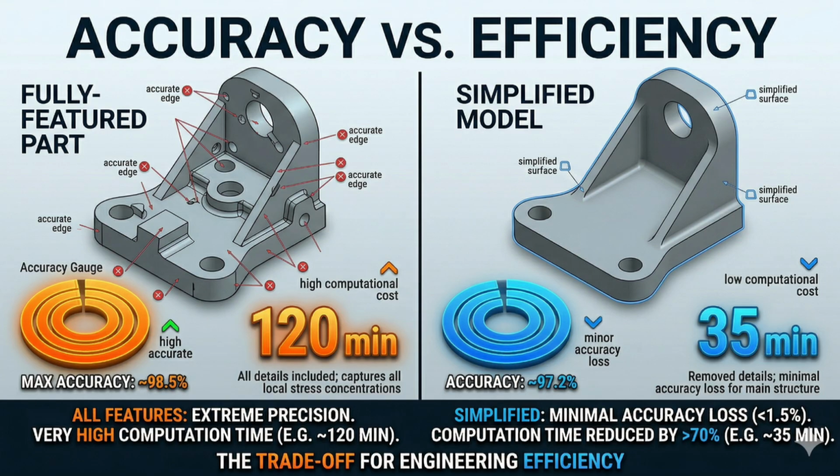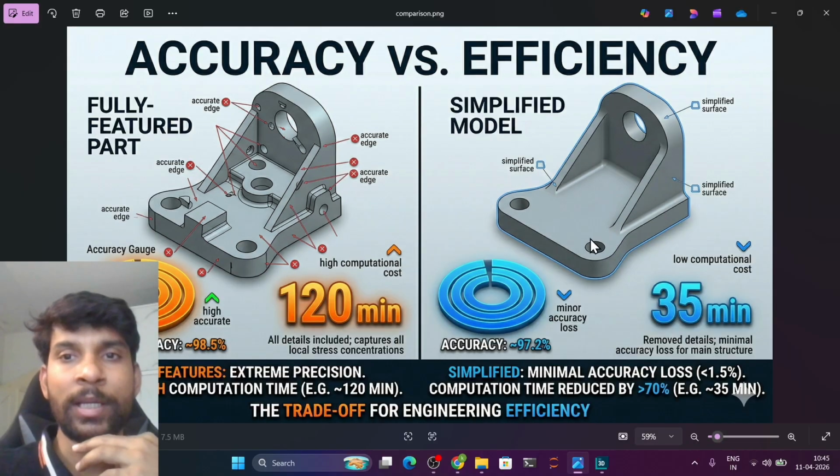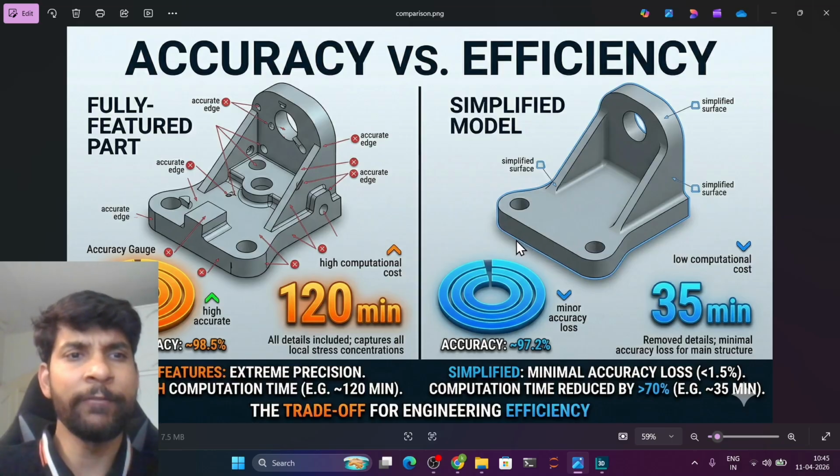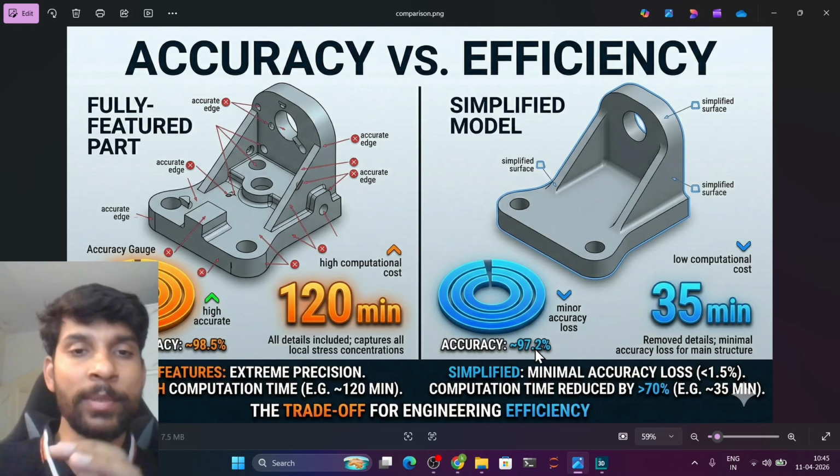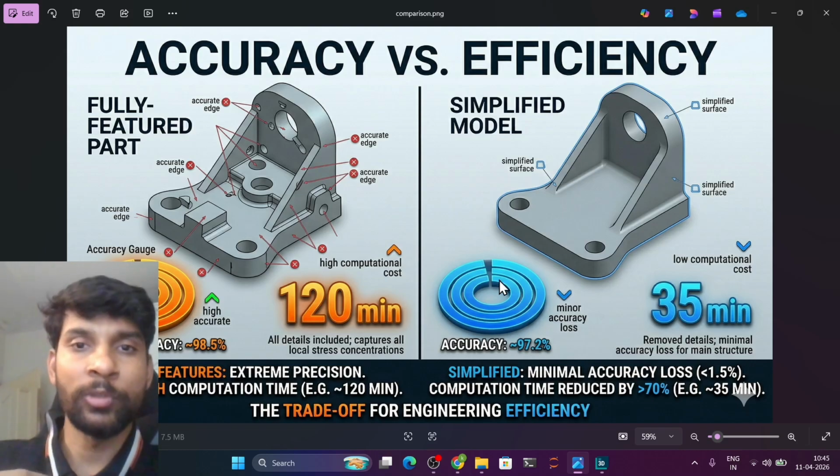Whereas if you remove those surfaces, as I have shown on the right side, you reduce the computation time significantly, while the accuracy reduction is very small. If you compare, you get 98% in the first case and 97% in the second case, but you are saving more than 70% of the time in the computation.